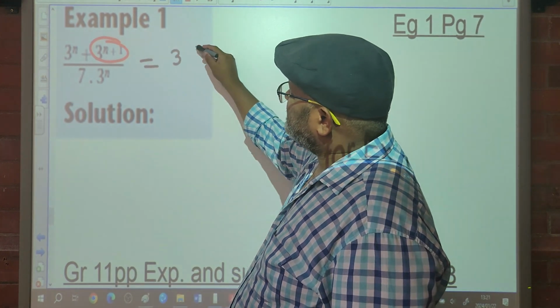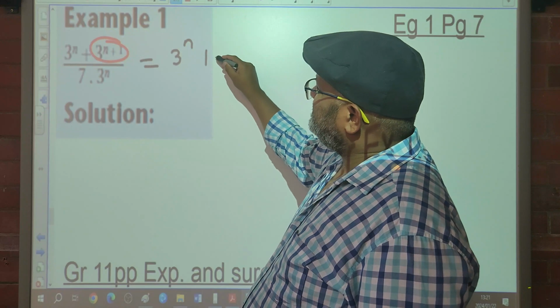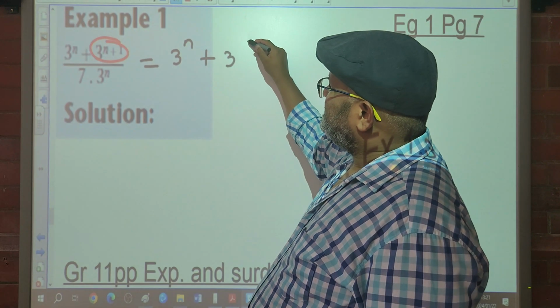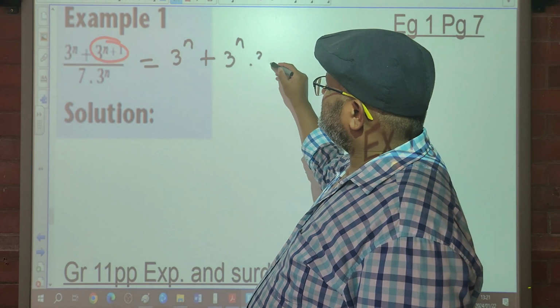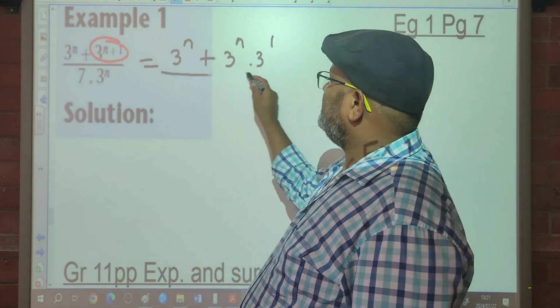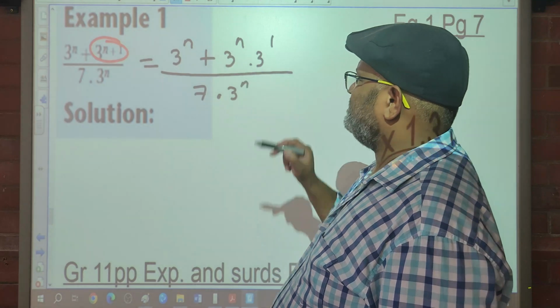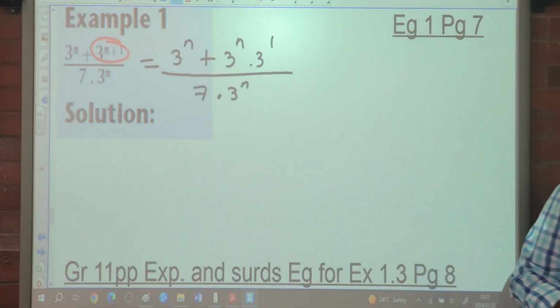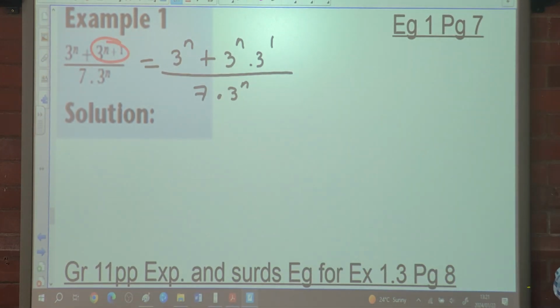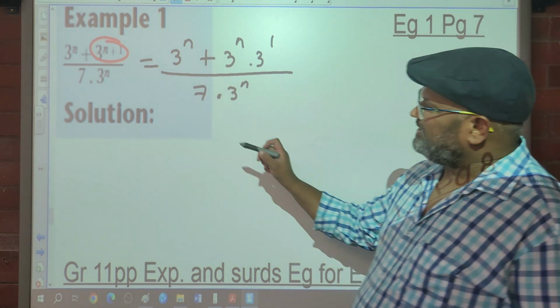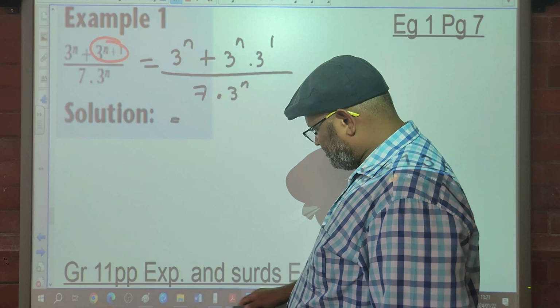This will be written as 3 to the exponent n plus 3 to the n times 3 to the 1, and this is all over 7 times 3 to the n. Okay. So now what do we do? Take our 3 to the n as a common factor.